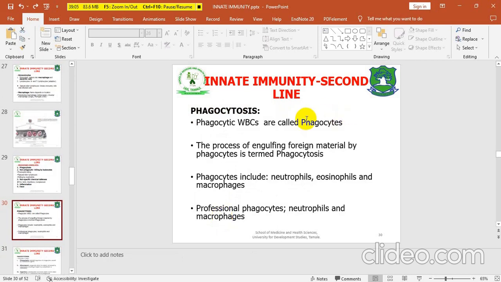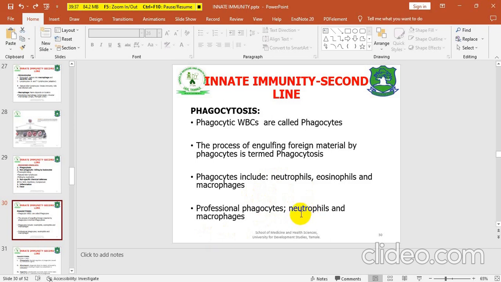So phagocytosis. Phagocytic WBCs are called phagocytes. I've explained phagocytosis already. The process of engulfing foreign material by phagocytes is termed phagocytosis. Phagocytes include neutrophils, eosinophils, macrophages. Professional phagocytes are the neutrophils and the macrophages. I may ask you, what are professional phagocytes?